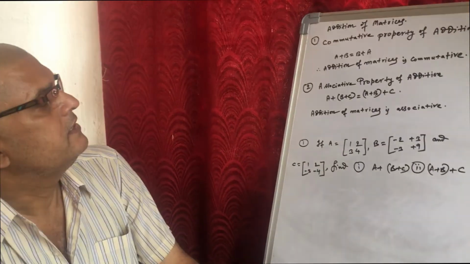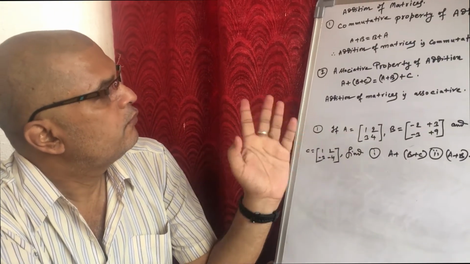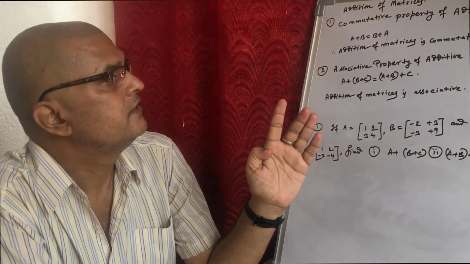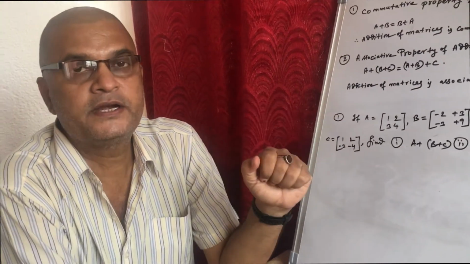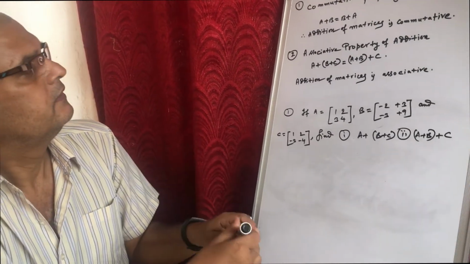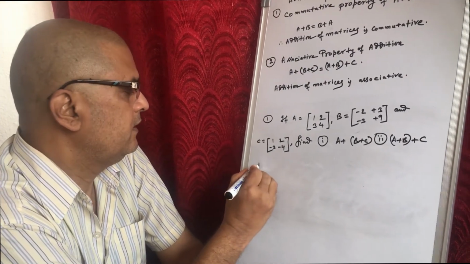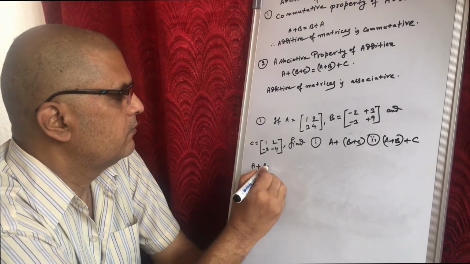Okay. Now see, I am solving this problem to prove that the addition of three matrices follows the associative property. Now see, what is the value of A plus (B plus C)?